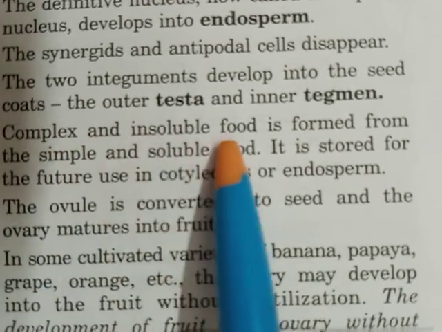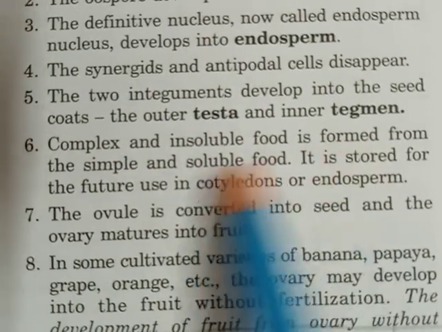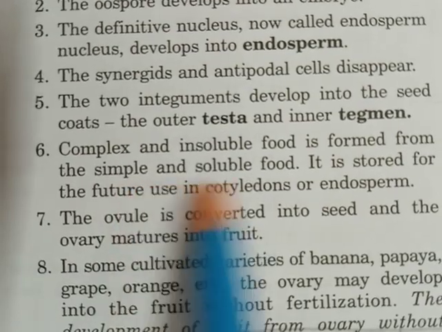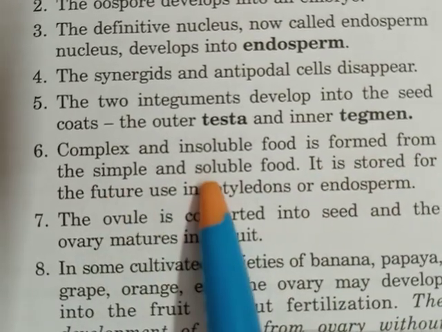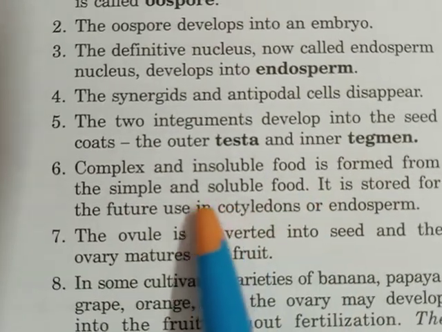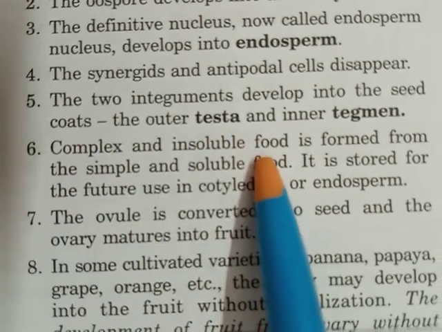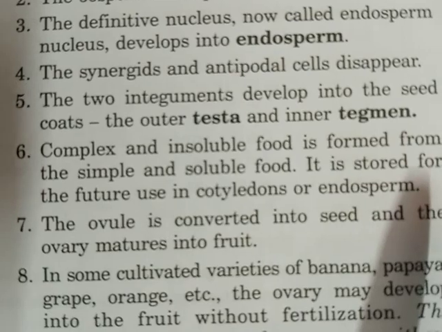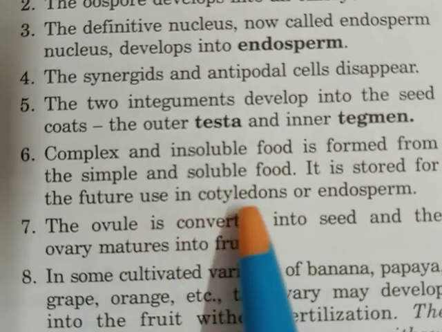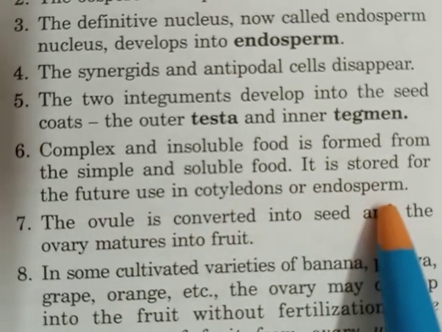Complex and insoluble food is formed from the simple and soluble food, and it is stored in the cotyledons or the endosperm.